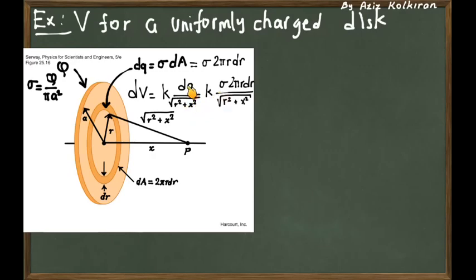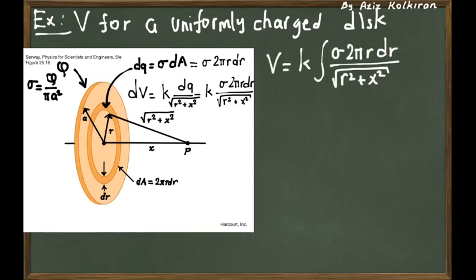And we can also express dq explicitly in terms of r and dr. So this is the expression for the potential of each ring, and to find the total potential, we have to integrate this dV with r changing from 0 to a, which is the radius of the disk.